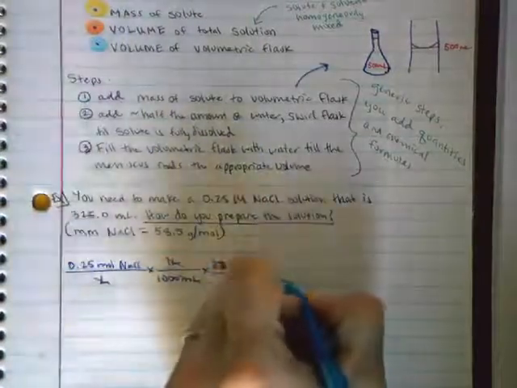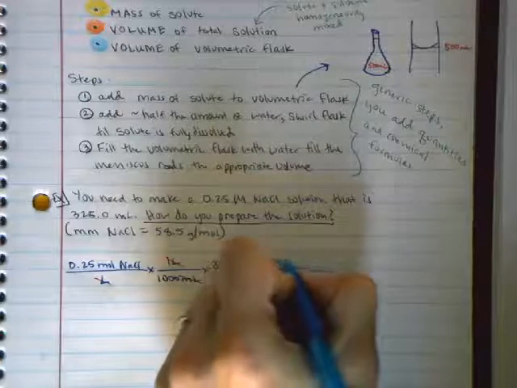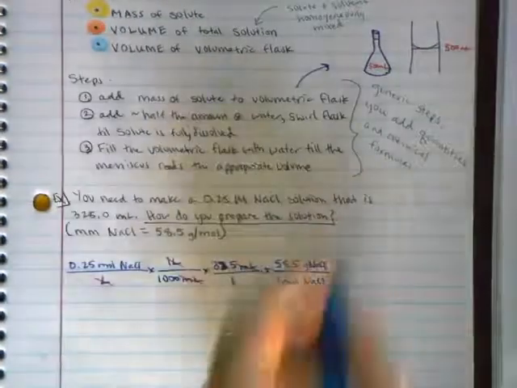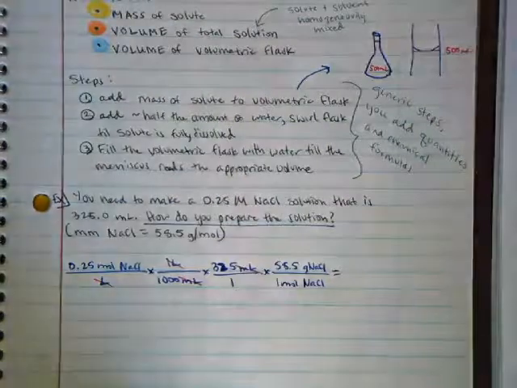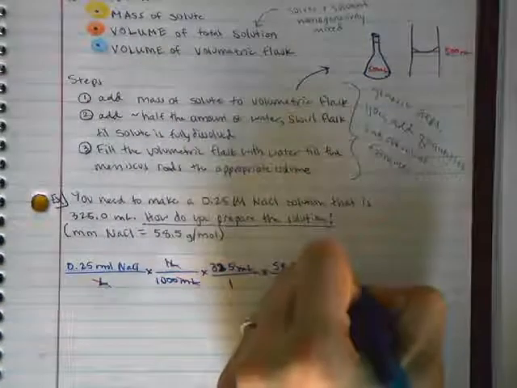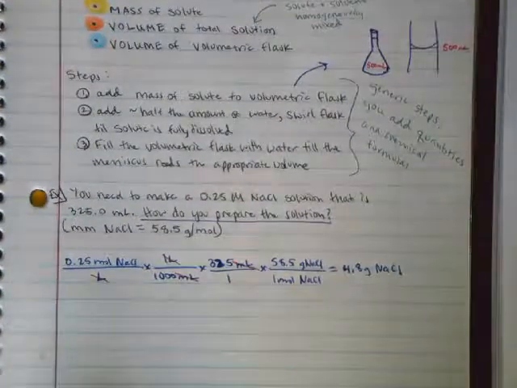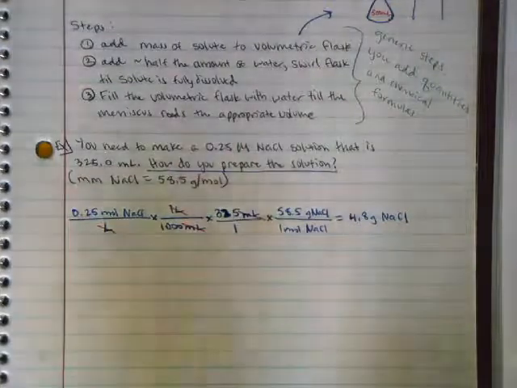For every 1 mole of NaCl, that's 58.5 grams of NaCl. If I do my math there, with 2 sig figs, I should end up with 4.8 grams of NaCl. So that does it for a molarity calculation, but we need to describe how to actually make this solution.